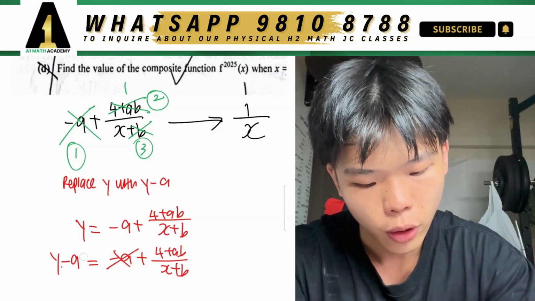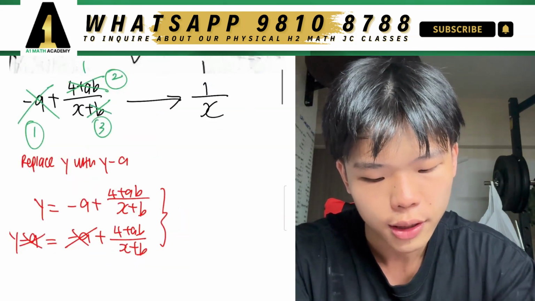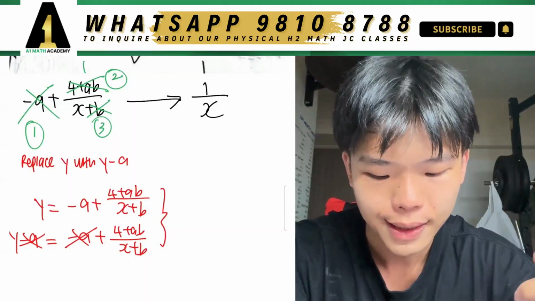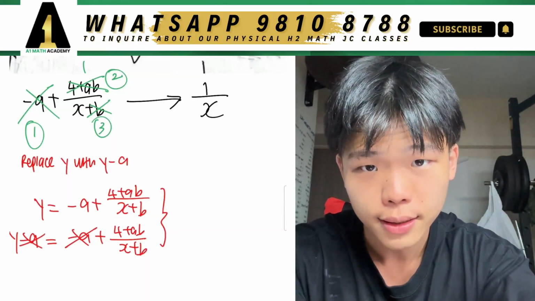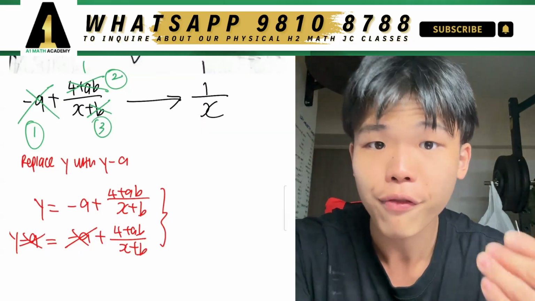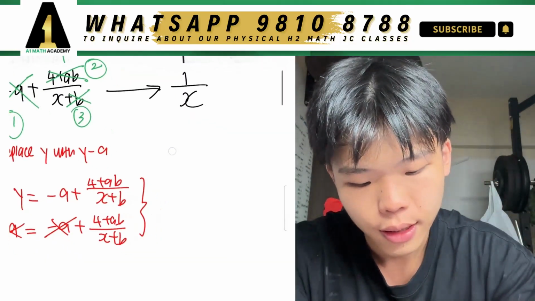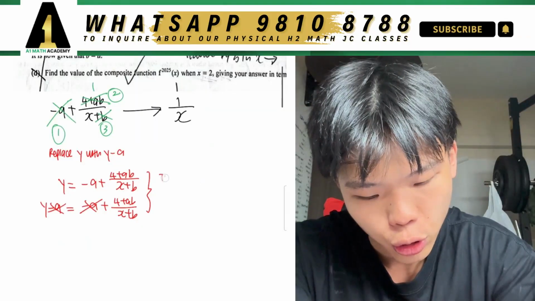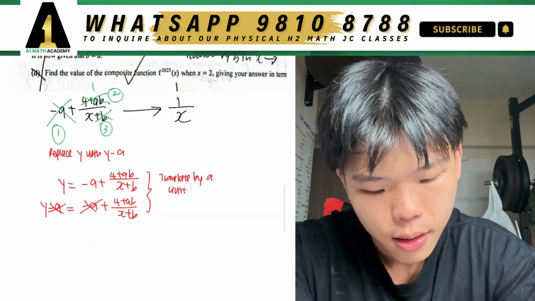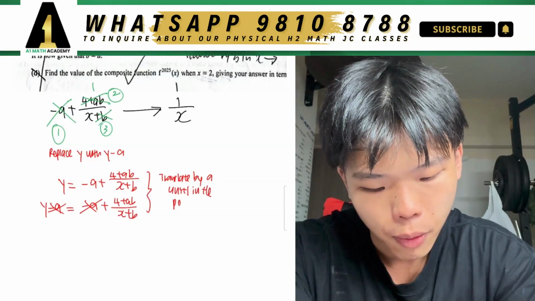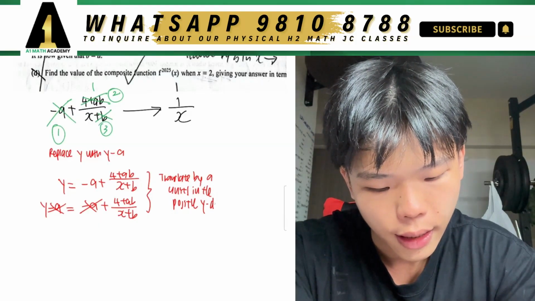And then you realize that these two actually cancel each other out. So how do you actually do this? When you replace y with y minus a, you are shifting the graph upwards by a units. So for this first part over here, it is just translate by a units in the positive y direction, right?